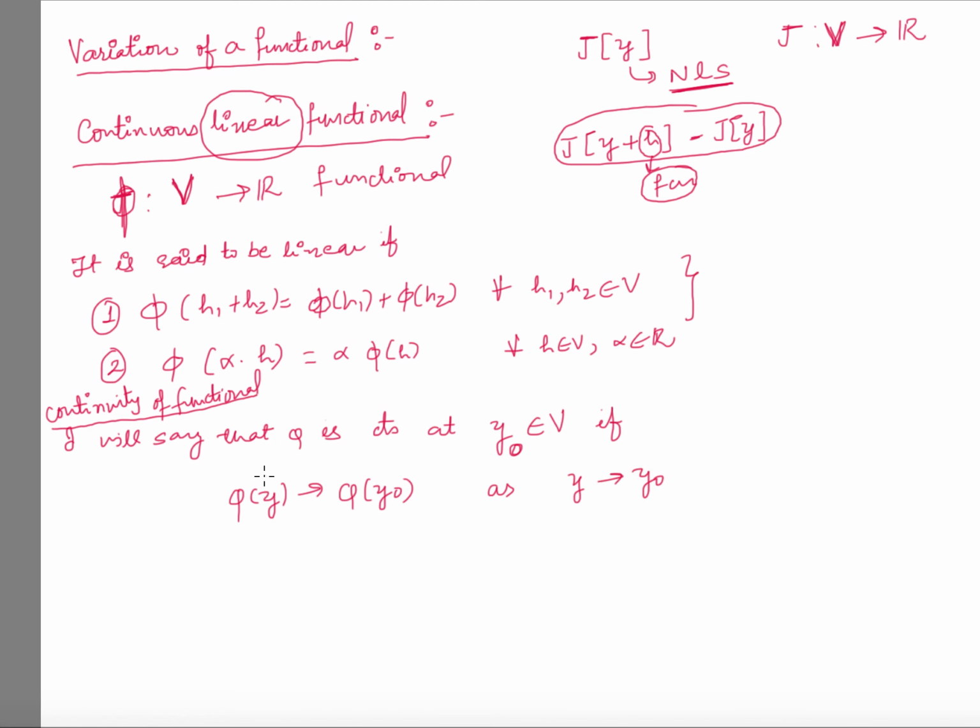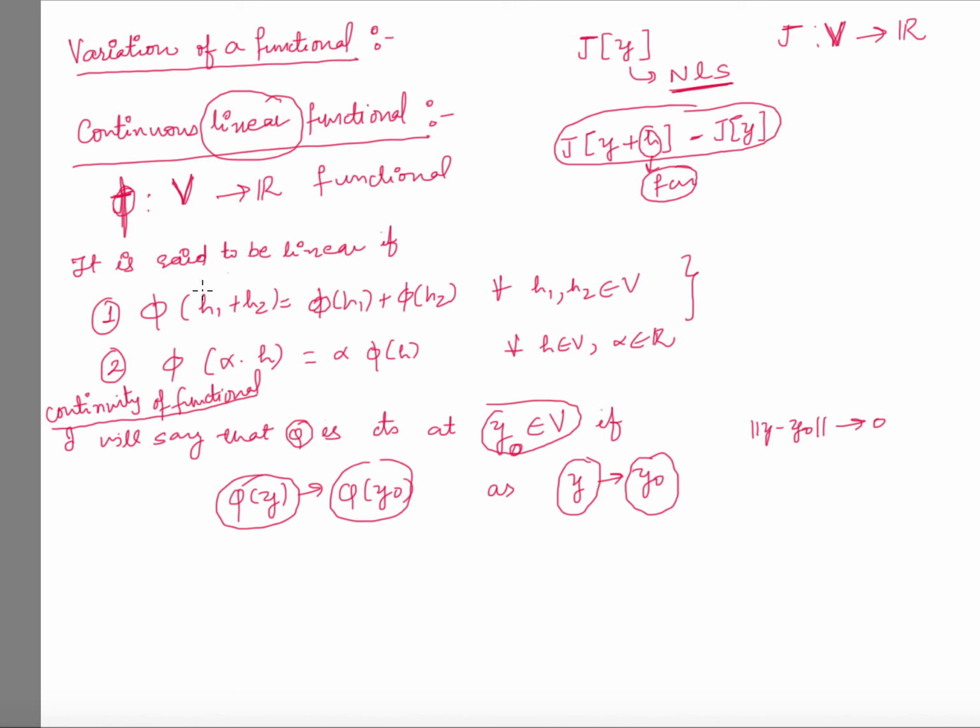Now, phi of y and phi of y naught are real numbers, so you know the meaning of closeness. Y and y naught are elements of V, which is a normed linear space, and I already told you that in a normed linear space, closeness means that the norm of y minus y naught should tend to 0. So all I am saying is that phi is a continuous function at the point y naught.